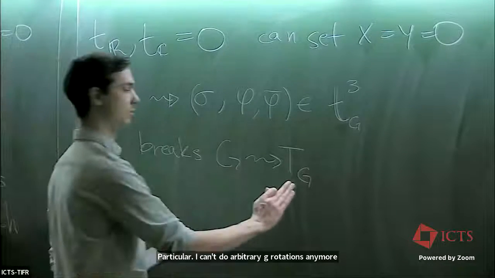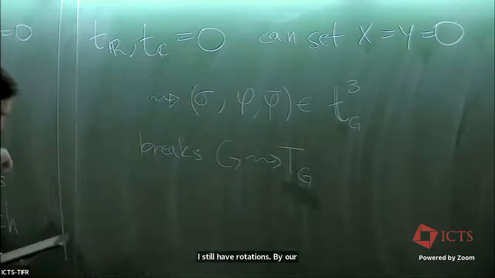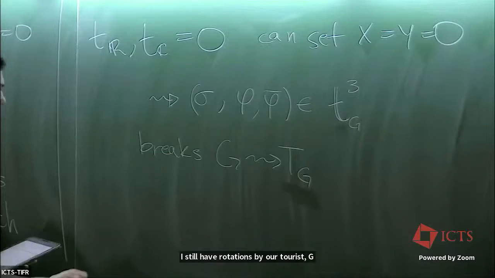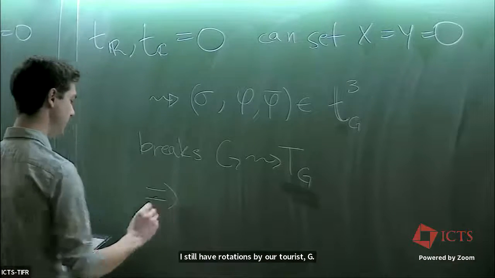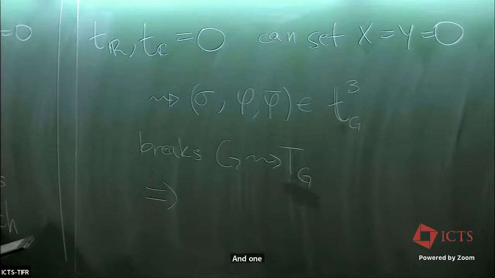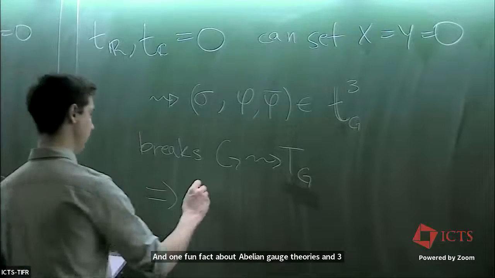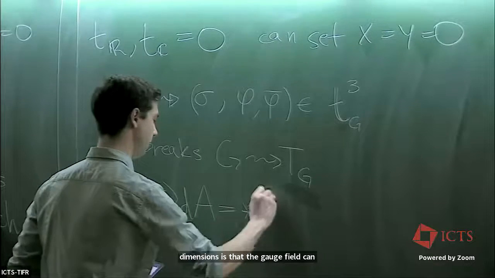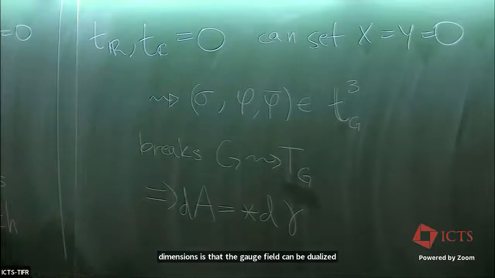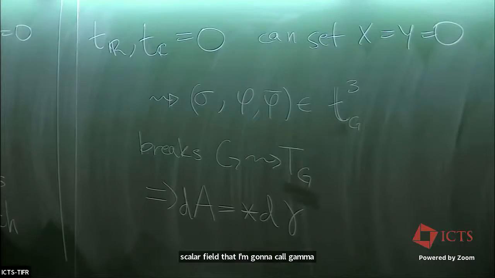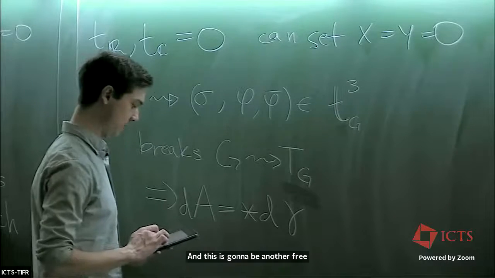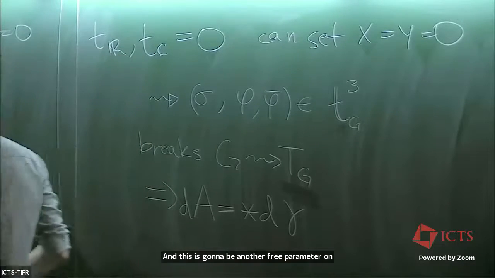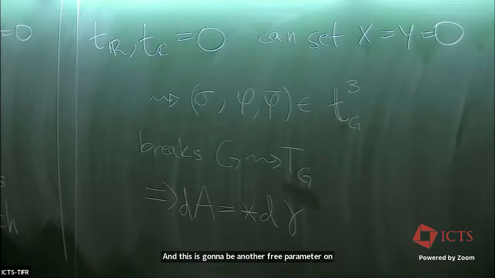I still have rotations by our torus G. And one fun fact about abelian gauge theories in 3 dimensions is that the gauge field can be dualized to a scalar field that I'm going to call gamma. And this is going to be another free parameter on this branch of vacua, sometimes called a dual photon.